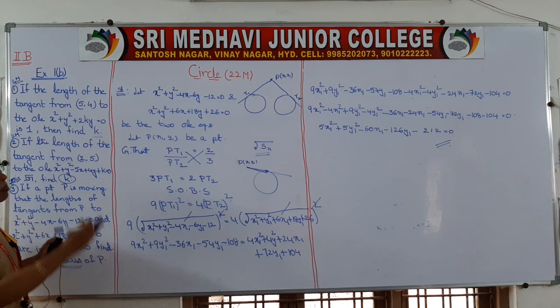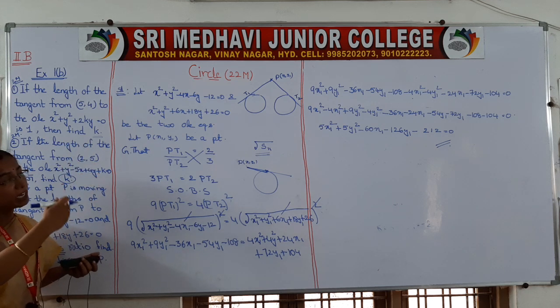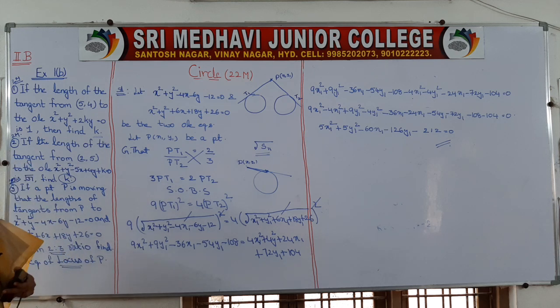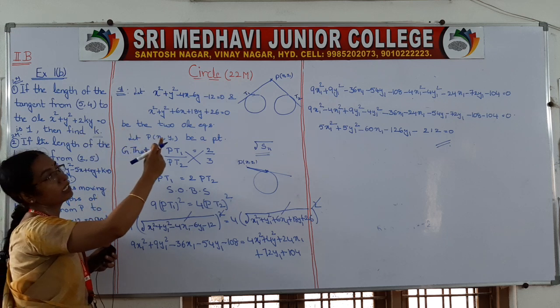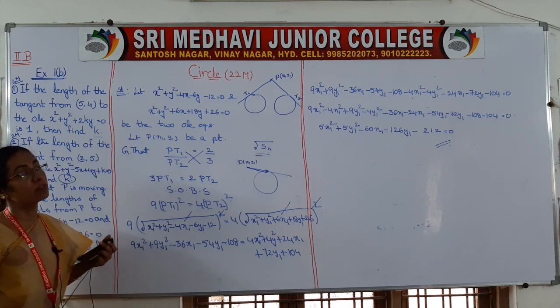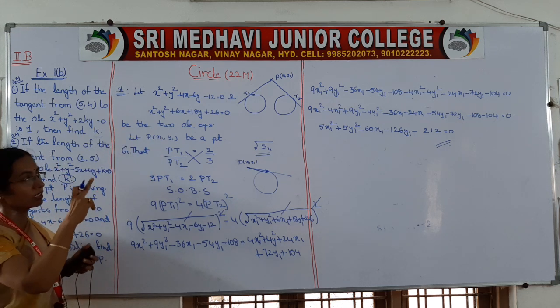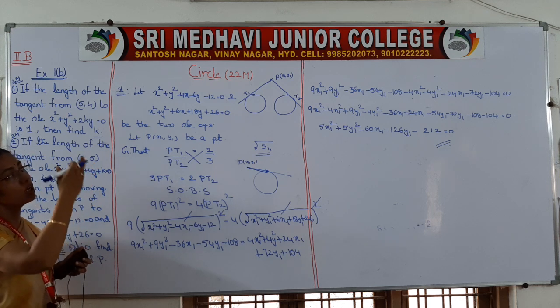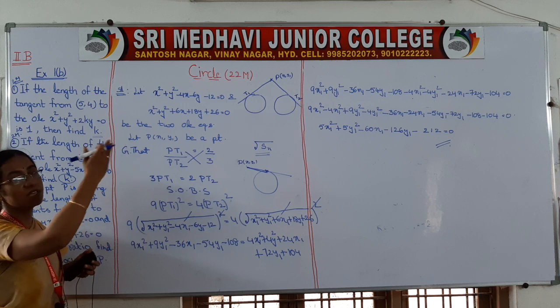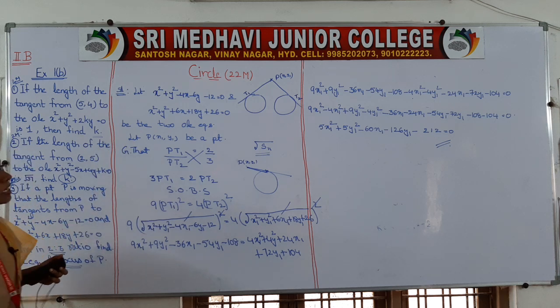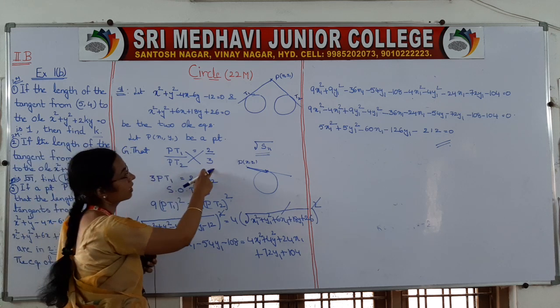So in this problem it is given that the ratio of the lengths of the tangents is 2:3. So you take the 2 tangents from the point to the 2 circles. Two circle equations are given to you. From the point P you take the tangent to the first circle and the tangent to the second circle. Then you take the ratio for that, right?